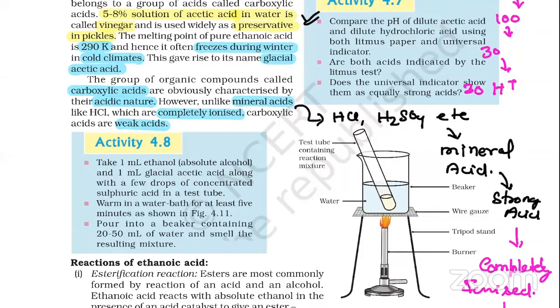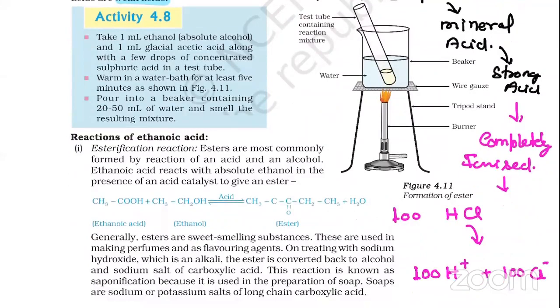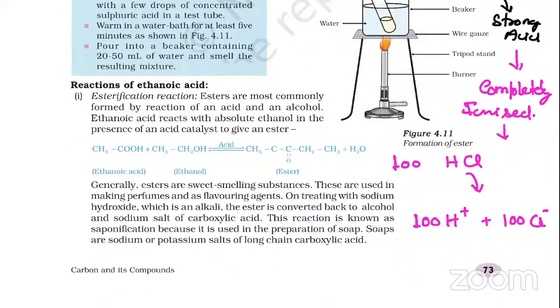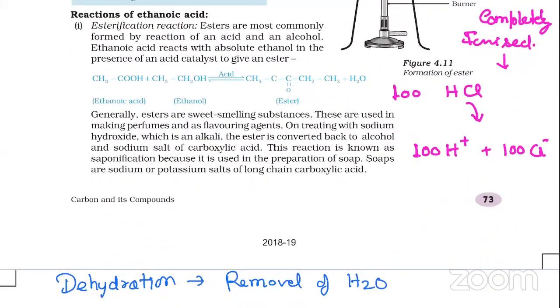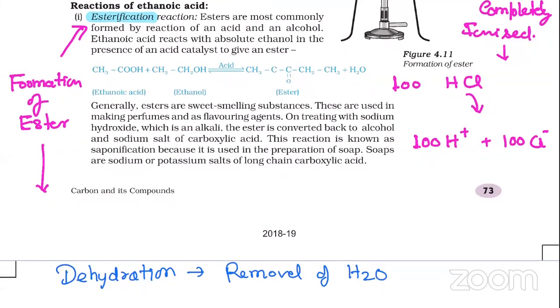Then we will talk about reactions of ethanoic acid. One very important category of reaction of ethanoic acid is esterification. What is the meaning of esterification? It means formation of ester. What is the symbol of ester?